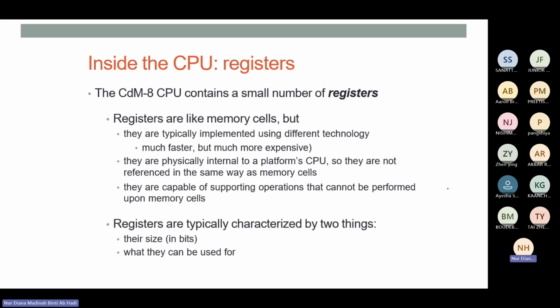So the CDM CPU contains a small number of registers, where your register will act as your memory cell, but is typically implemented using different technology where it will be much faster. Even though it is faster, it will be very expensive.